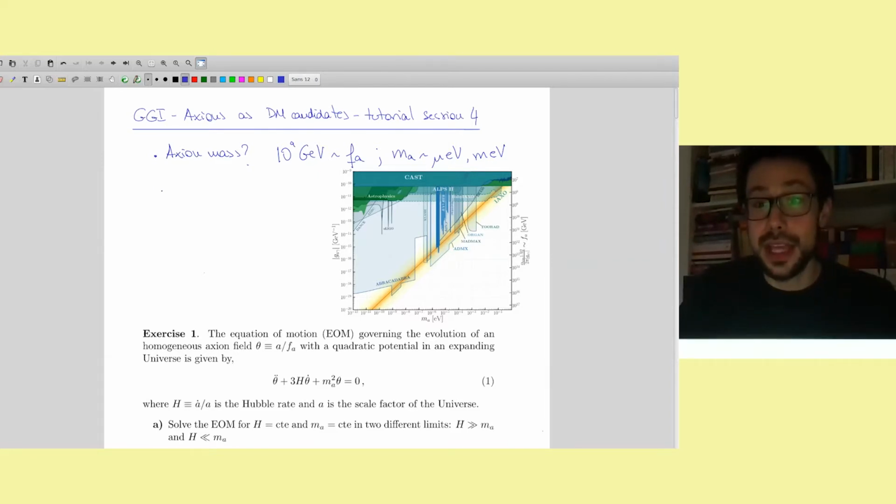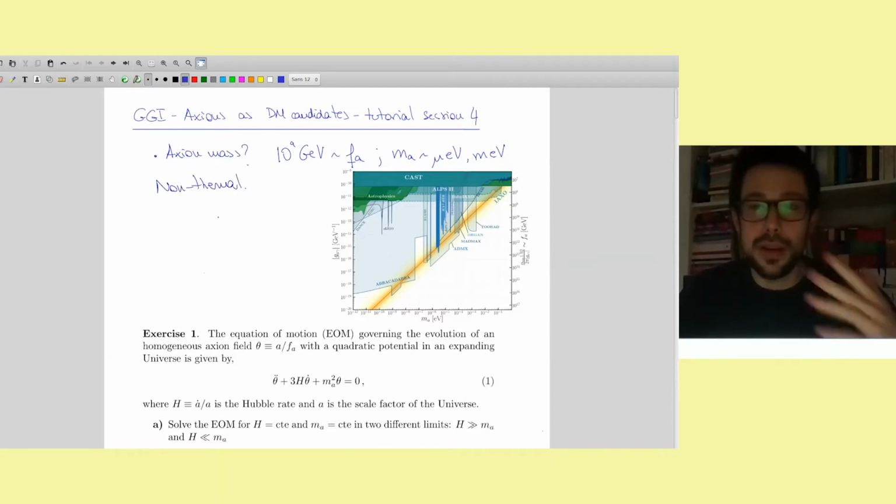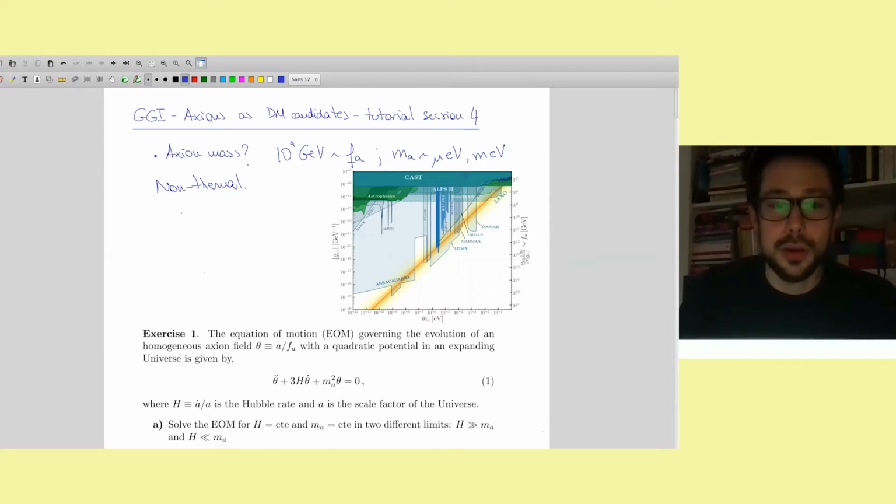However, in the case of the axion, the production mechanism is completely different. It's what is called a non-thermal production mechanism. There are several ways of producing the axion, but in these exercises, we're going to focus on one of them, the so-called misalignment mechanism.